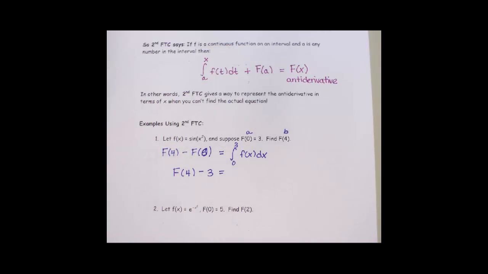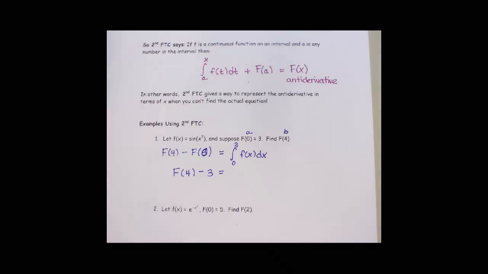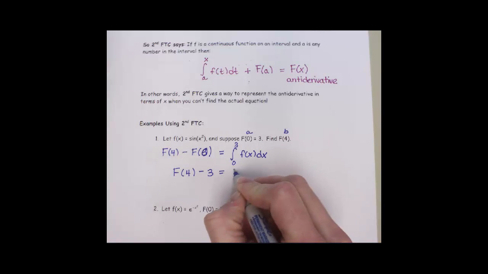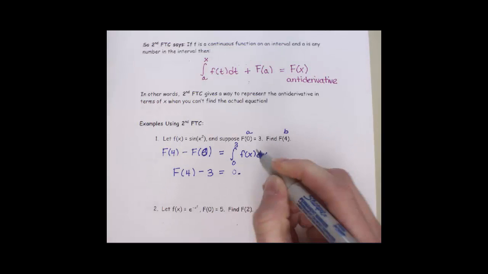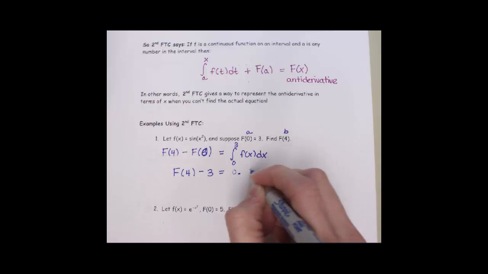And then for this integral, you would just have to put this in your calculator. So the integral from 0 to 4 of f of x dx, when you put this in a calculator, gives you 0.774.